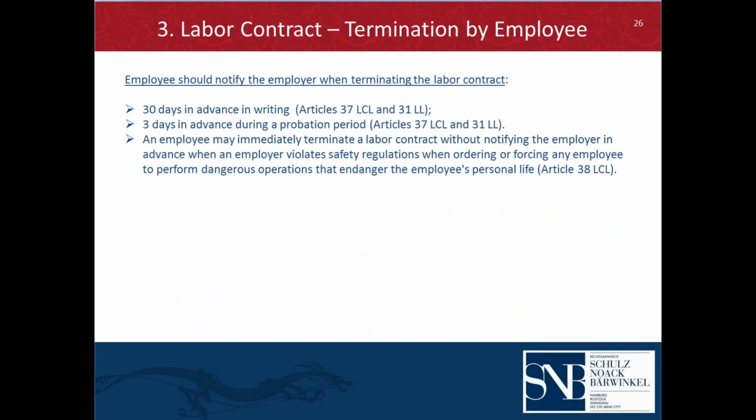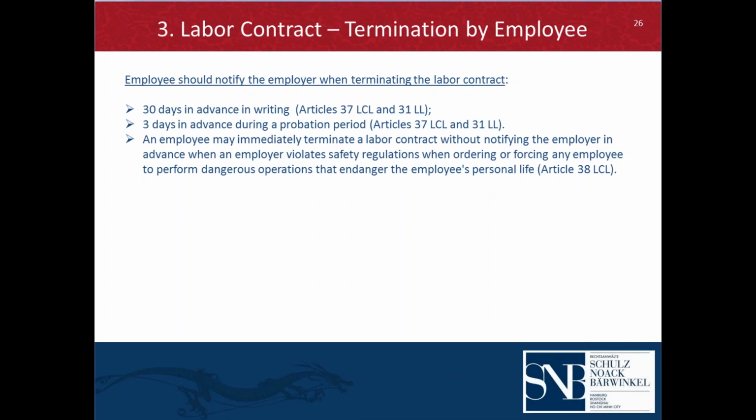The employee also has, at any time, the right to terminate the employment relationship with 30 days notice in advance. So that means that you cannot avoid it. But the difference to the previous cases is, if he terminates the contract with the 30 days notice by himself, then he has no right to claim compensation.